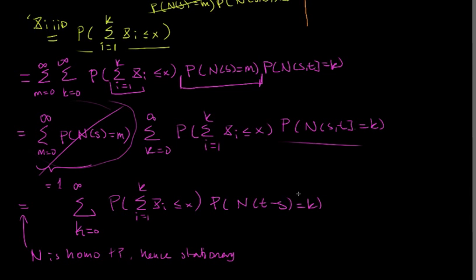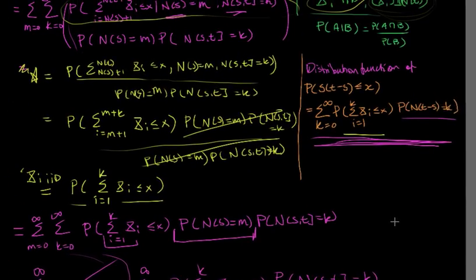And that means that as long as the time interval length is the same, then the increment on that time interval in claim number will have the same distribution, no matter where we look on the time axis.